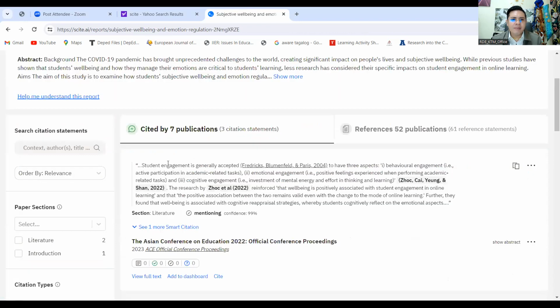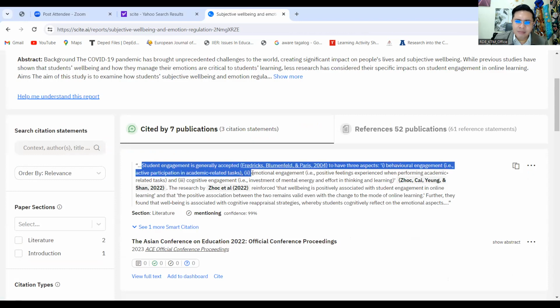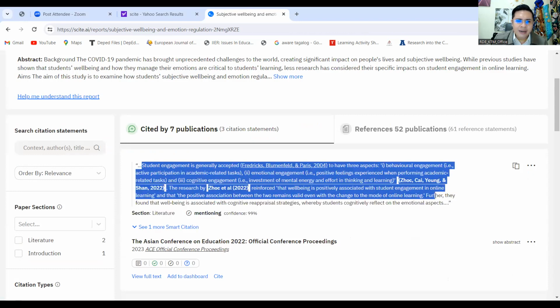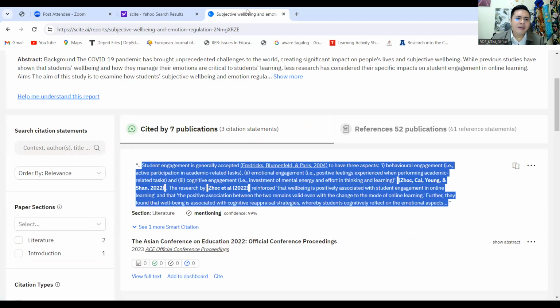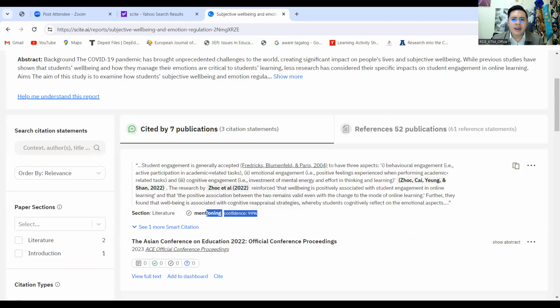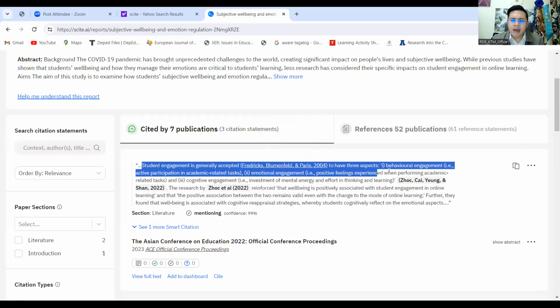And here is the statement about this one. Student engagement is generally accepted. And in literature, it has a 99% confidence mentioning it. So it says here that student engagement is generally accepted according to Fredricks to have three aspects.